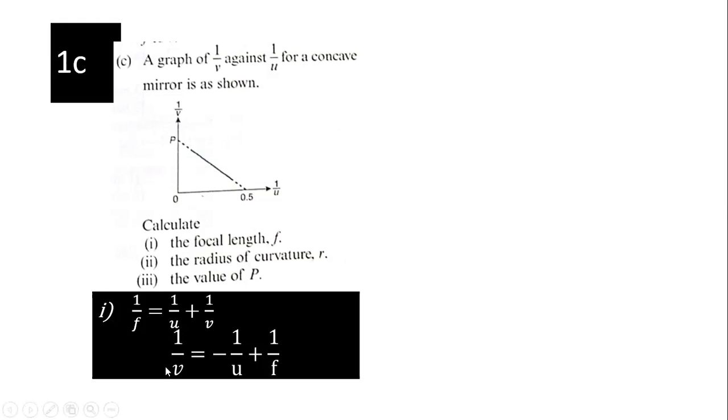That's your y. That's your x. This is your c. Yeah, that's a P here. Negative 0.5 plus 1 over f equals 1 over v. I want the answer for focal length.